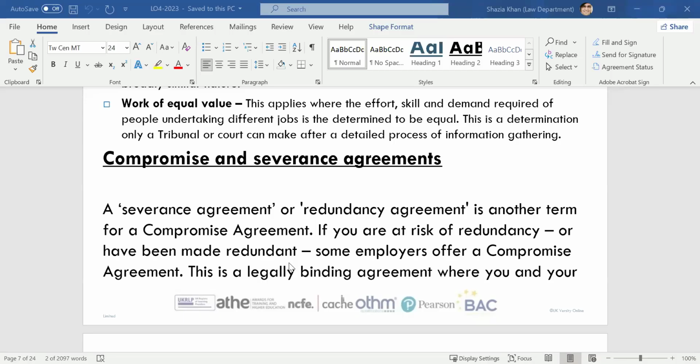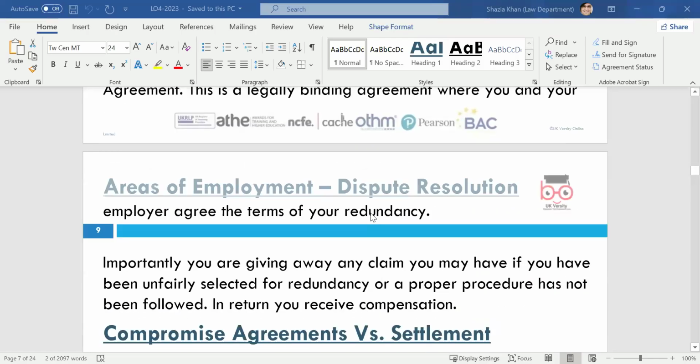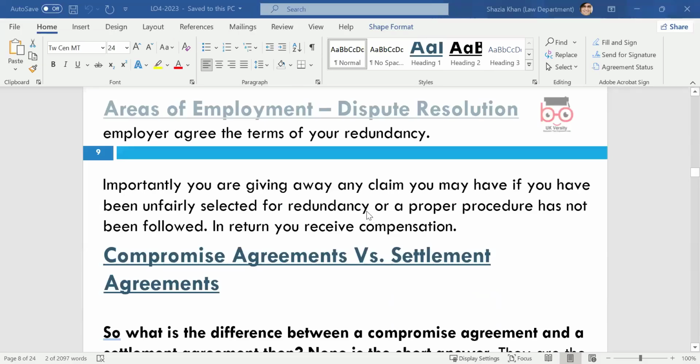Key areas here for compromise and severance could be things like termination of employment, dispute resolution, settlement of claims, negotiated terms. And they can be used in redundancy, if there's a discrimination or grievance case, or unfair dismissal case, or gardening leave.